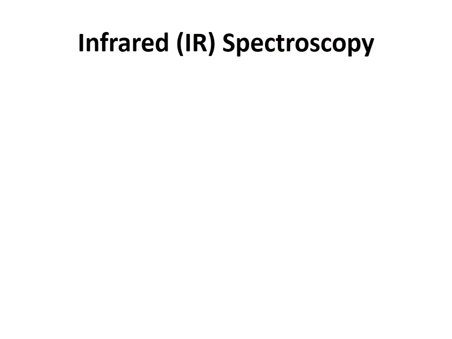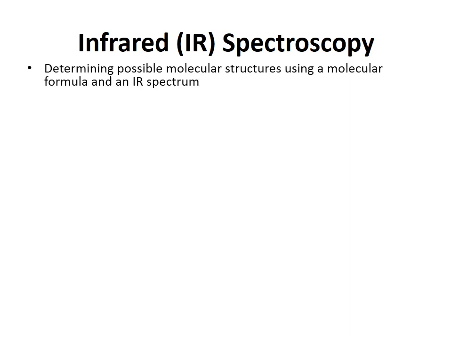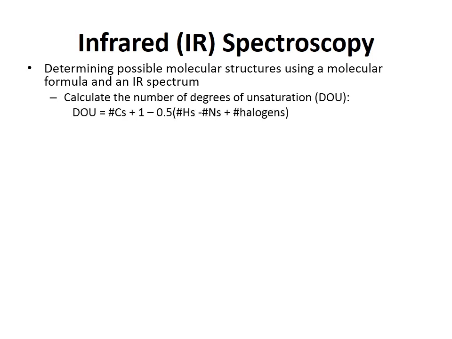Here are the steps for determining possible molecular structures using a molecular formula and an IR spectrum. First, given the molecular formula, you have to calculate the number of degrees of unsaturation, or DOU. Remember, the DOU formula is number of carbons plus 1 minus 0.5 times parentheses the number of hydrogens minus the number of nitrogens plus the number of halogens end parentheses.